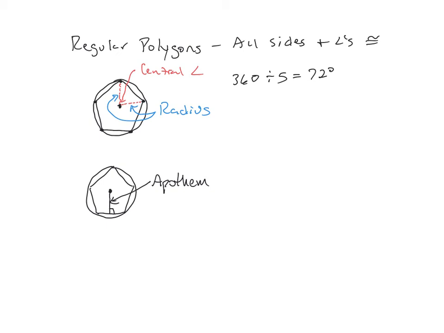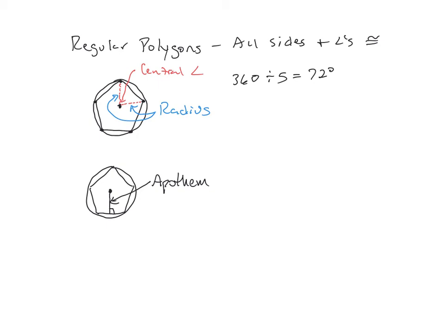All right. So the other problems on your assignment: you're going to have, like I said, a couple of area of rhombus and kites problems. Then you'll have to just identify in a picture the center of the polygon, a central angle of the polygon, what is the radius, and what is the apothem.